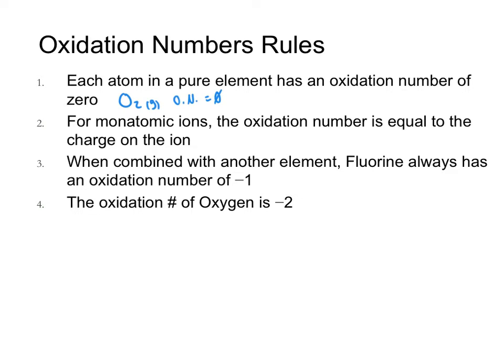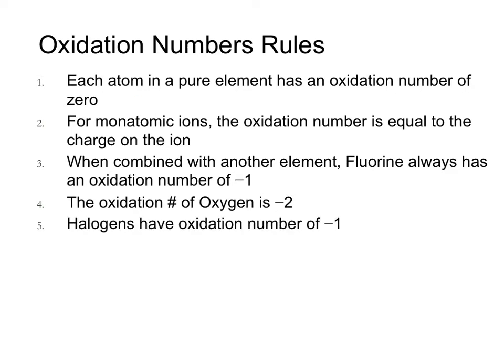That is something that will be helpful for us in figuring out the oxidation numbers of other elements that may be combined with oxygen. Just like fluorine, actually all halogens will have oxidation numbers of -1 when combined with other elements. The oxidation number of hydrogen will always be +1 when combined with other elements.